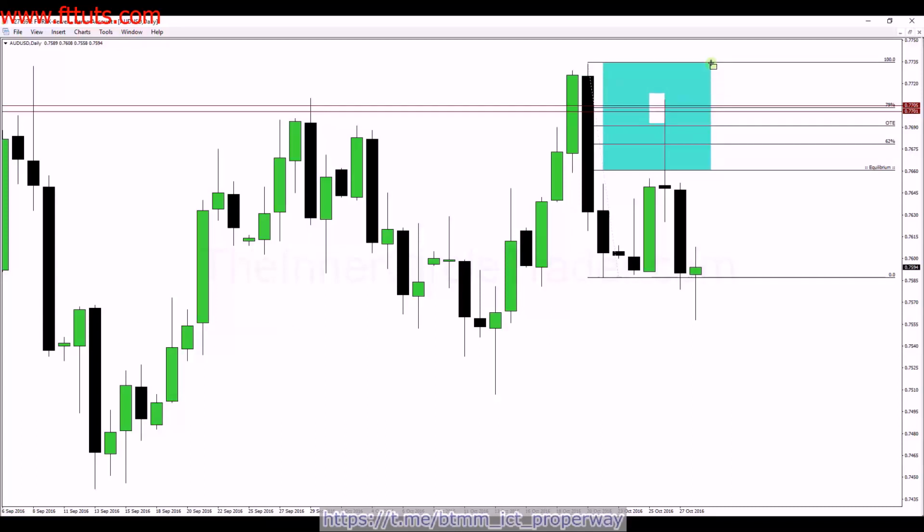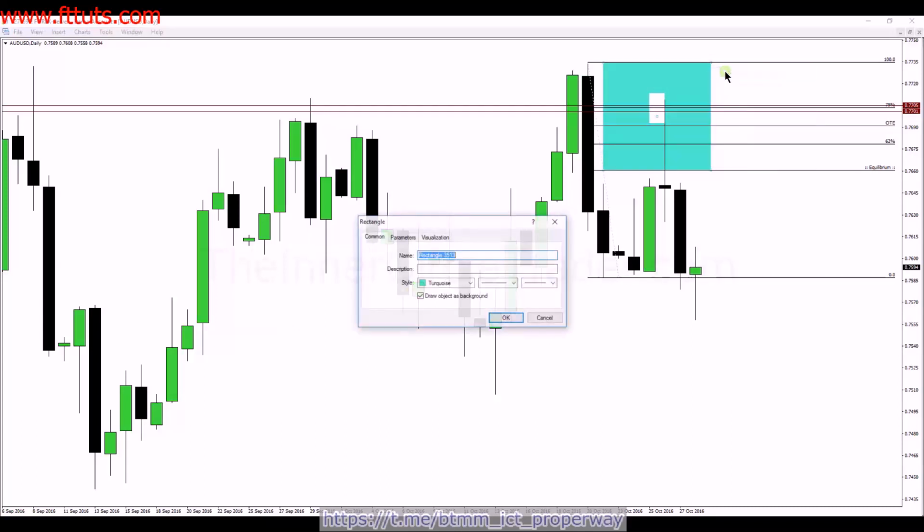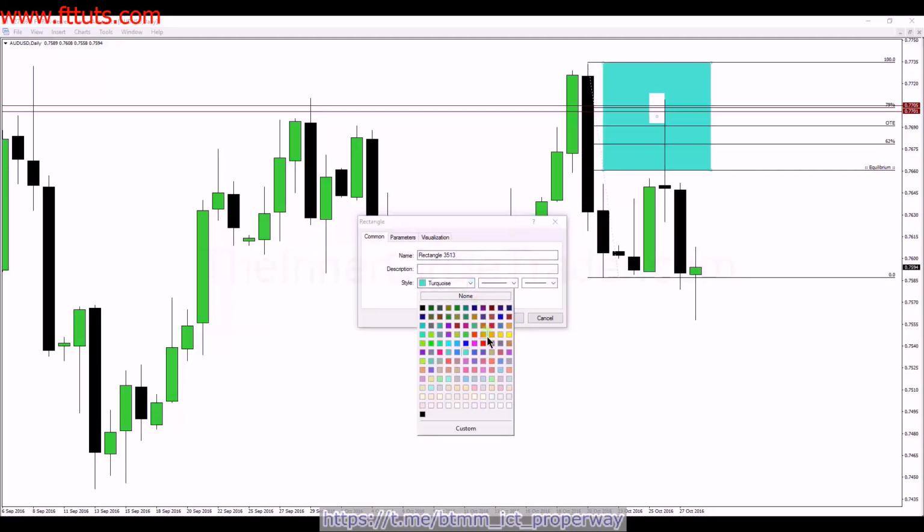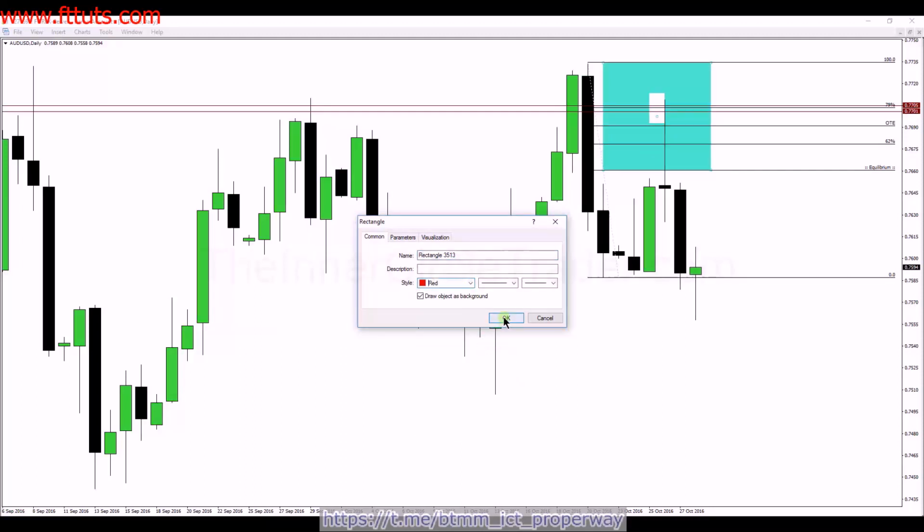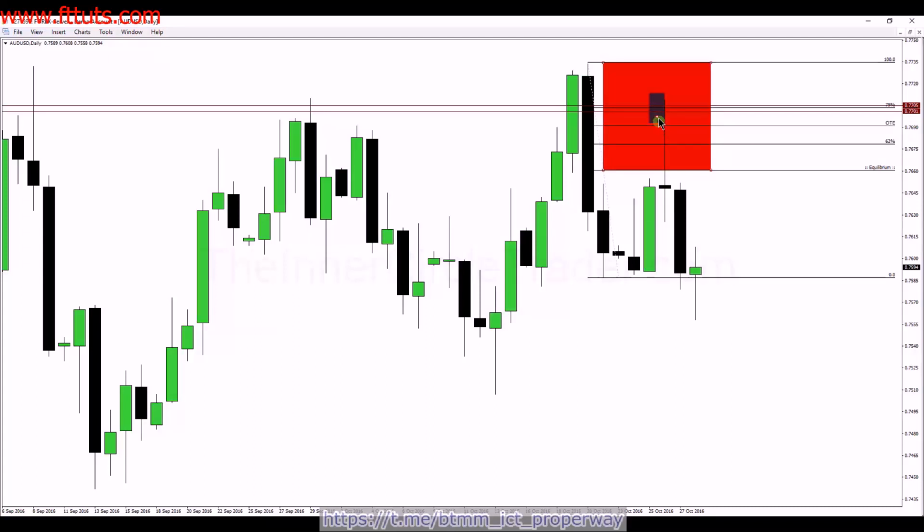So all through here, the market is in a premium market relative to the range. We have this old high, this old low.